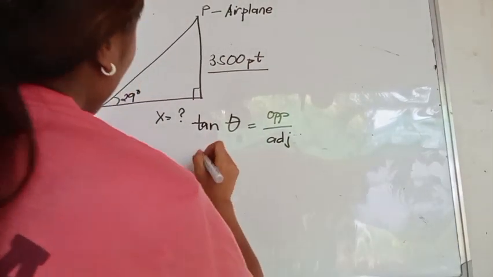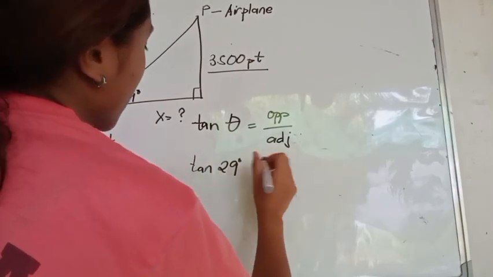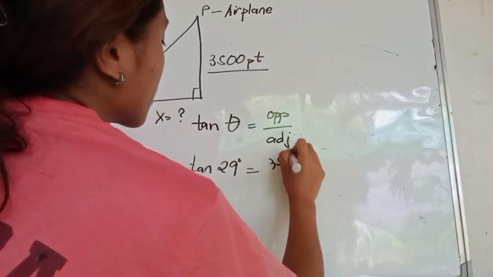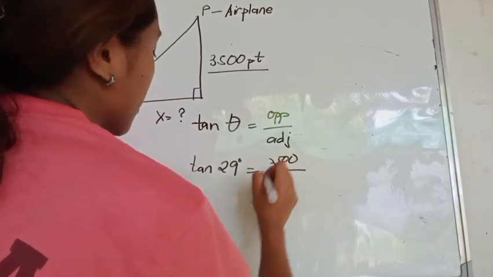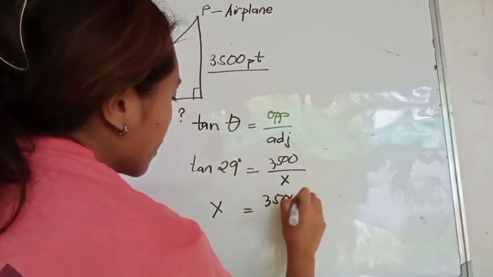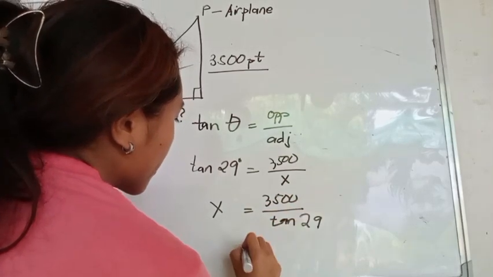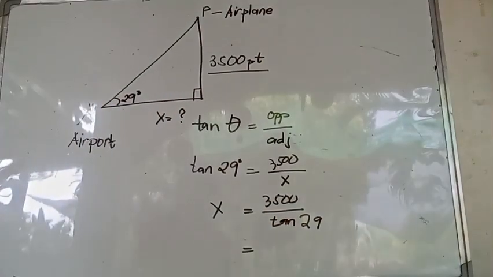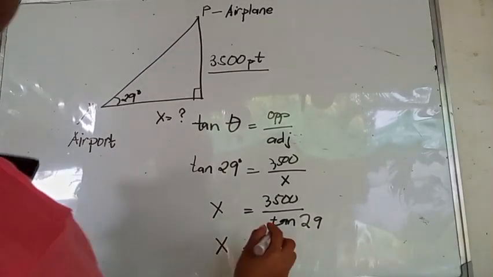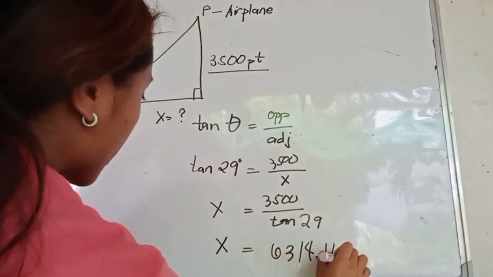Then tan 29 degrees equals 3,500 feet over x. Let's rewrite: x is equal to 3,500 over tan 29, which is equal to 6,314.16 feet.